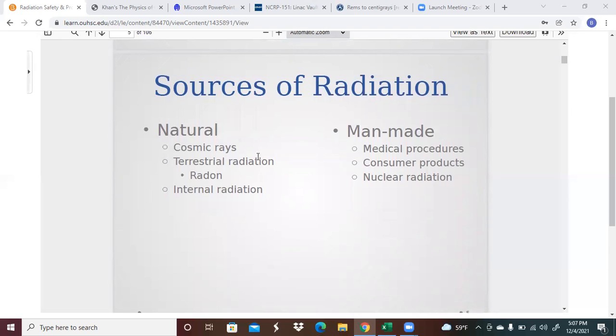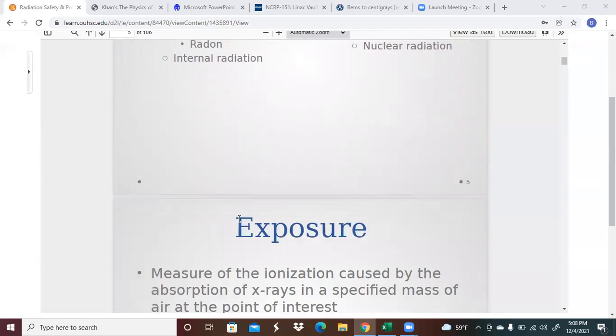These sources can be natural in nature, cosmic rays, or radiation from the ground, such as radon, radiation that is internal. We also have man-made radiation for medical procedures, consumer products, and other types of radiation, nuclear radiation.